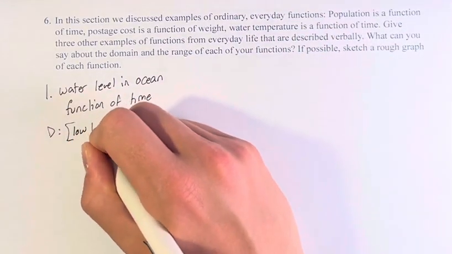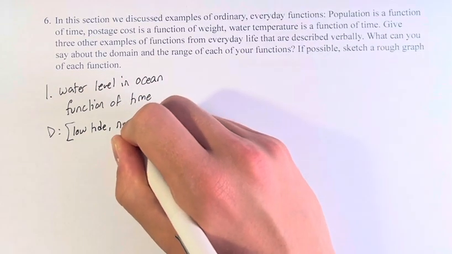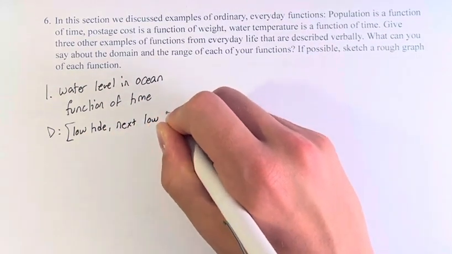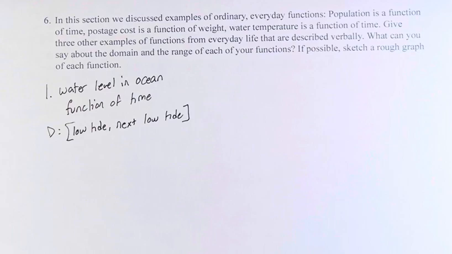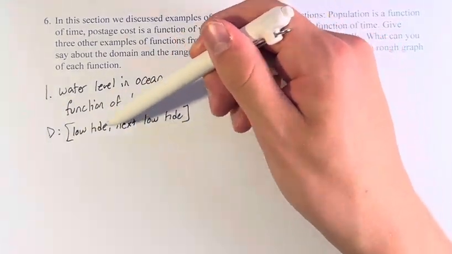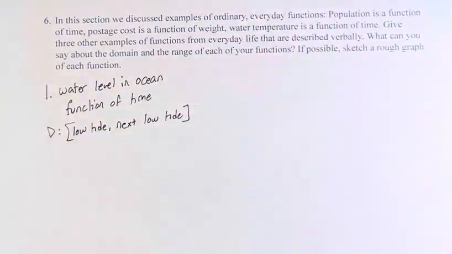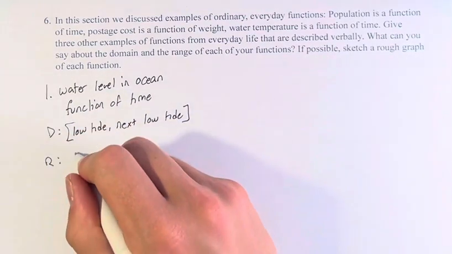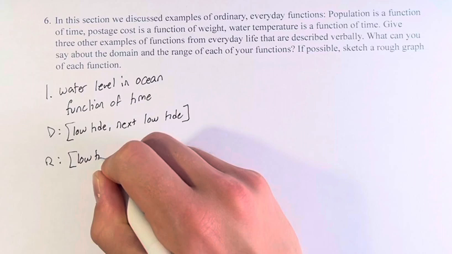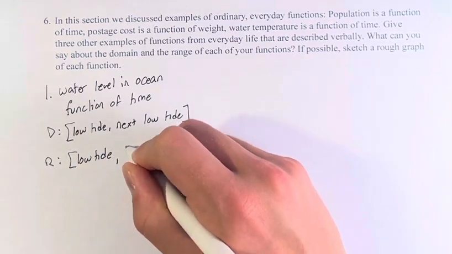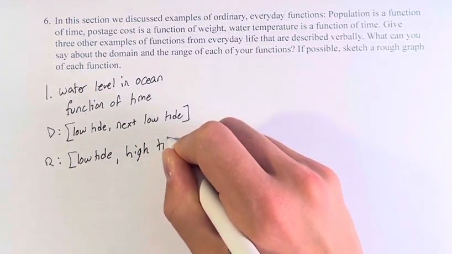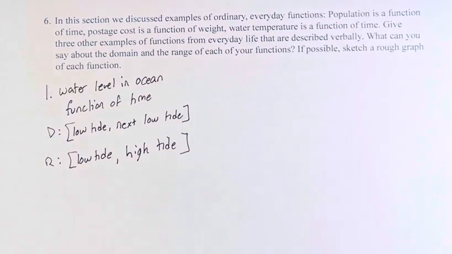So we can just say low tide to the next low tide. And these are the times at which this is happening, not the actual height of the water, which is the range. And the range is going from the low tide water level to high tide, right? That's the range of values that we can take.